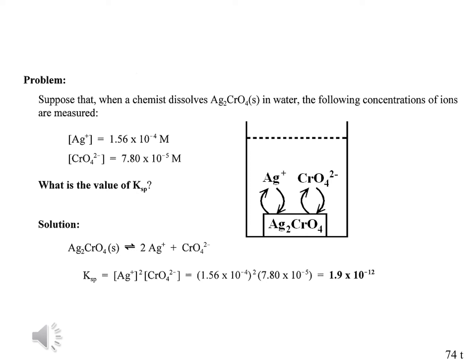So these numbers are going to be the same anytime there's solid in equilibrium with them. All you need to do to get the KSP value is to write the expression, which has silver squared in it, and plug in those two numbers. When you do it on your calculator, you're going to get actually not 1.9 times 10 to the minus 12.